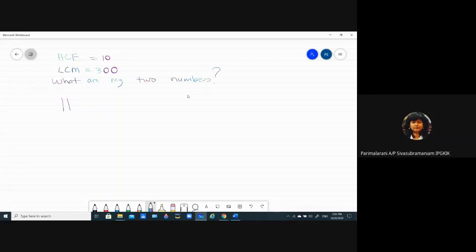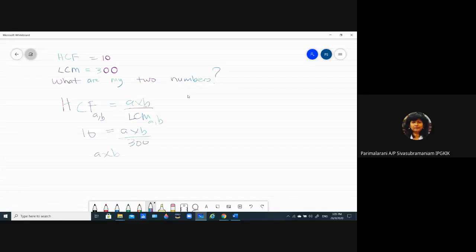Just now we saw that the HCF for two numbers A and B, say we don't know these two numbers, is A times B over the LCM of A and B. What is our HCF? 10. What is our LCM? 300.